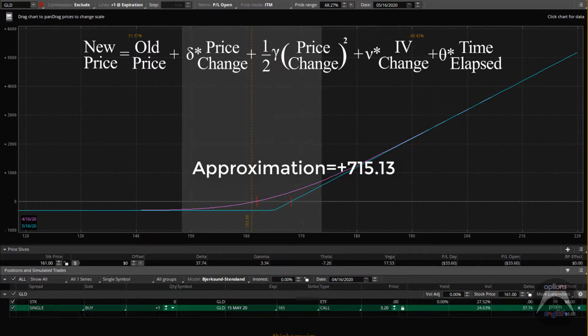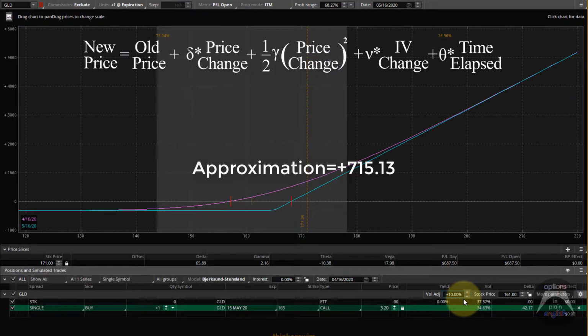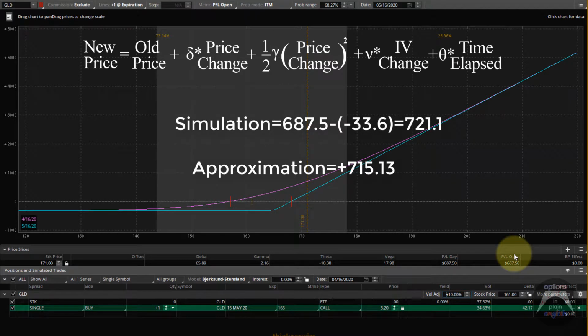Okay, so I'm going to simulate it here. I'm going to go $10 higher, and then simulate the increase in volatility by 10 percentage points right here. So we have a profit now of 687.50, but we used to have a loss of 33.60.